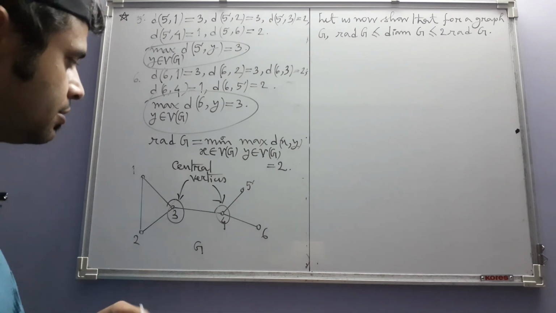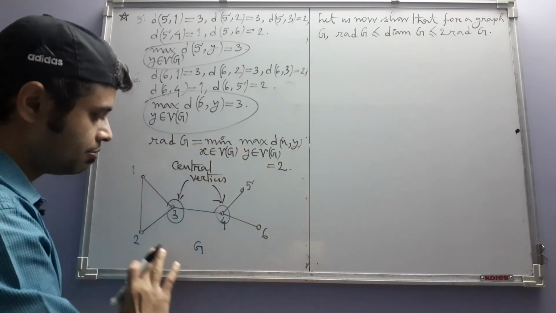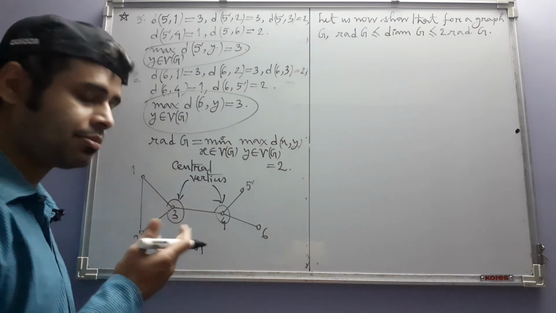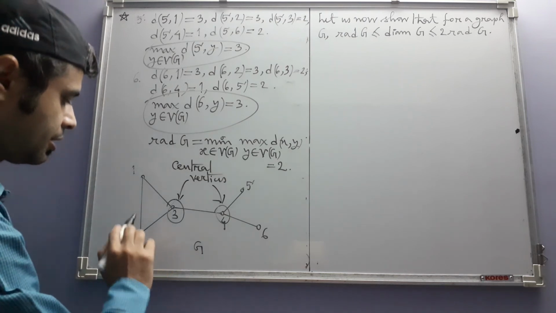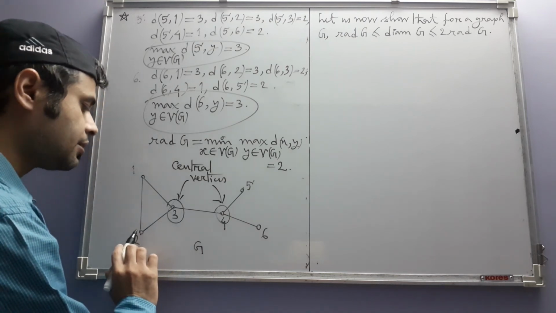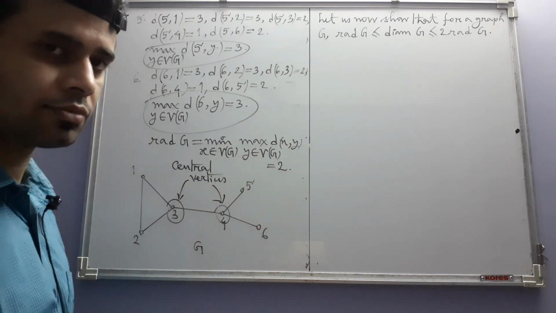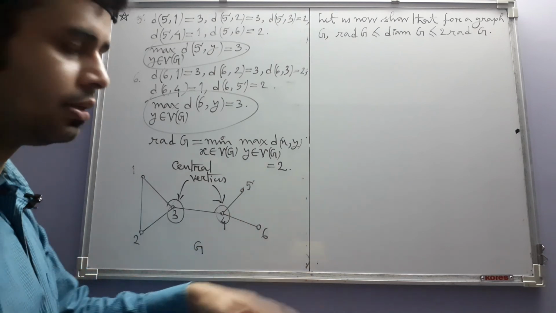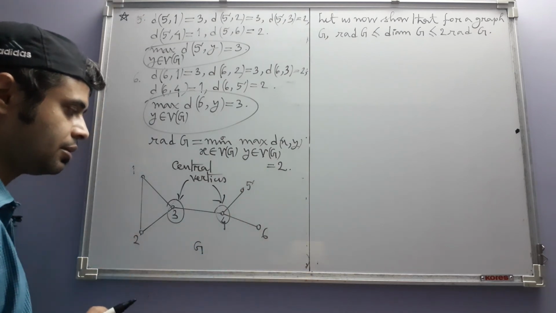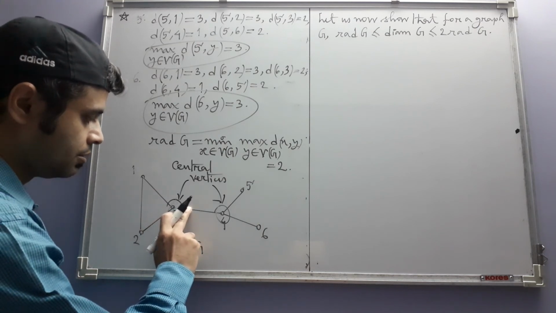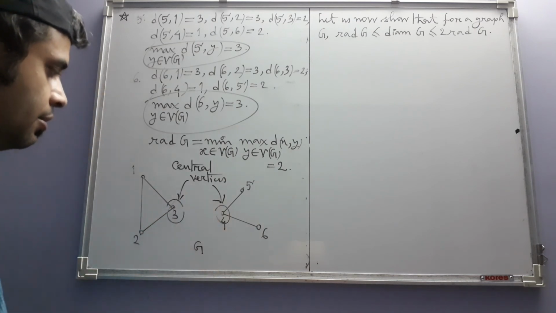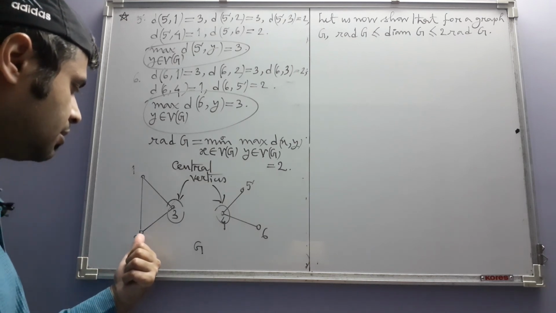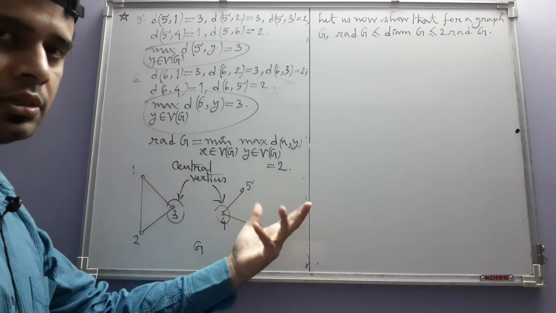This graph you would call connected, a graph whose diameter is finite, where from each vertex you can reach any other vertex by some path. No matter how long the path is, there will be some path. However, in a disconnected graph, for example, if you remove this edge, then this graph becomes disconnected. In this graph you can never reach, for example, from 2 to 5, there is no path.